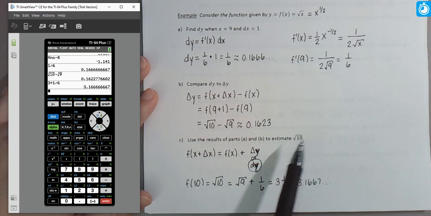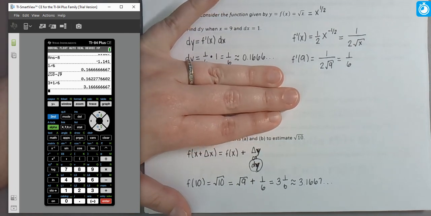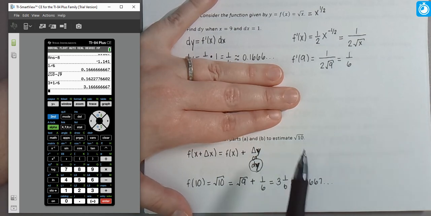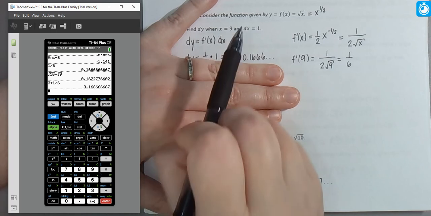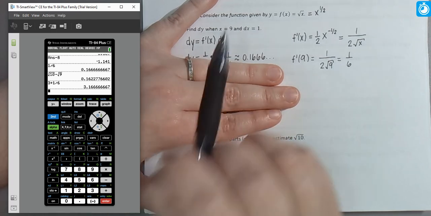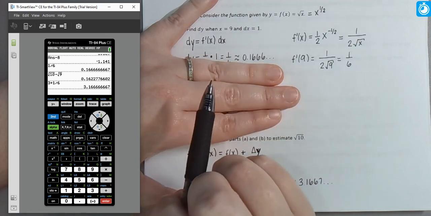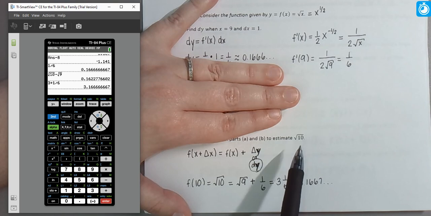So if we didn't have the ability to plug root 10 into the calculator, how does this help us? Suppose you didn't have a calculator and you wanted to estimate what the square root of 10 is. Well, we recognize that the square root of 10 is pretty close to the square root of 9, and we know we can find the square root of 9. In fact, it's 1 unit away. The x values are 1 unit away to go from a number that's a perfect square to a number that's not, whose square root we want to estimate.